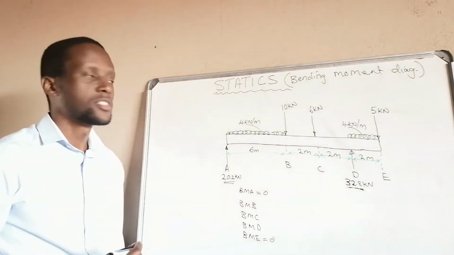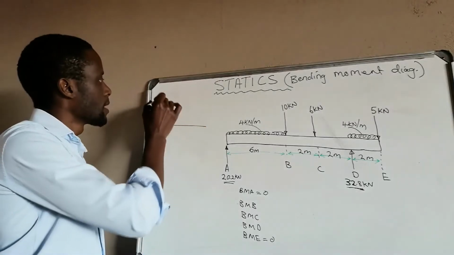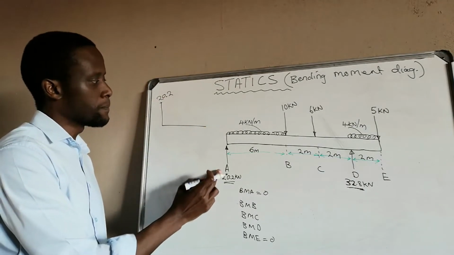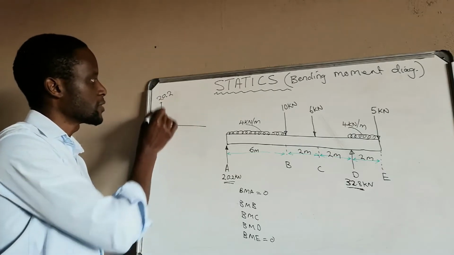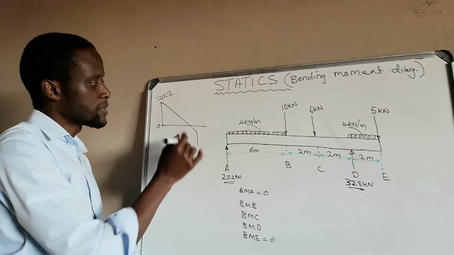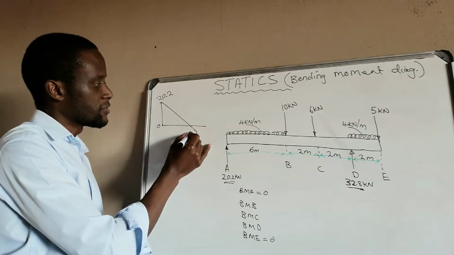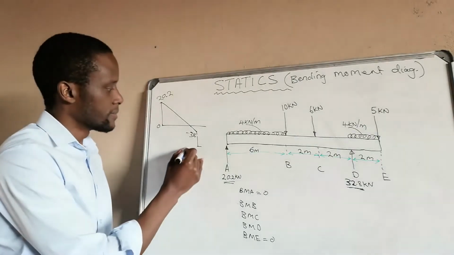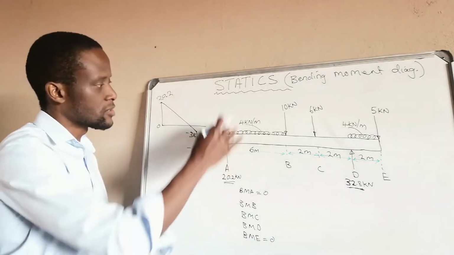Now, when you look at our shear force diagram, we have our 20,2 at that point. The reaction A pushes upwards, it goes up from 0, it goes positive upwards. Then the uniformly distributed load drops until it reaches negative 3,8, somewhere there. Then we have minus 13,8 and so on.